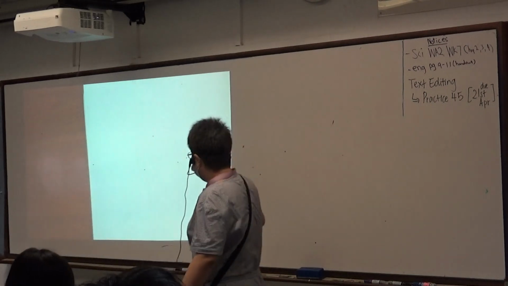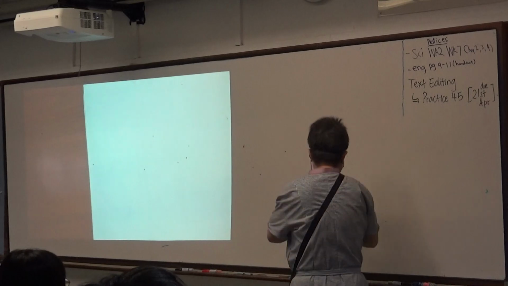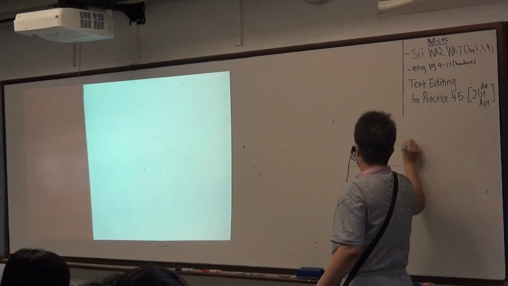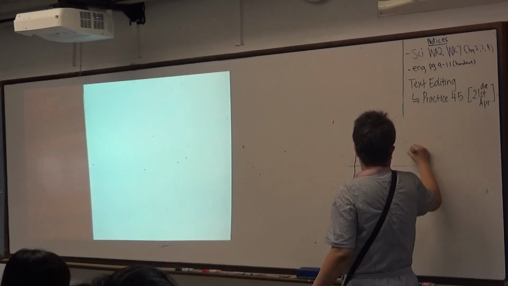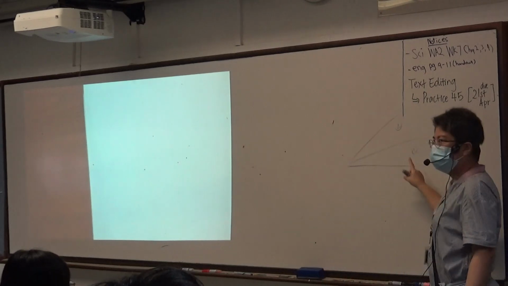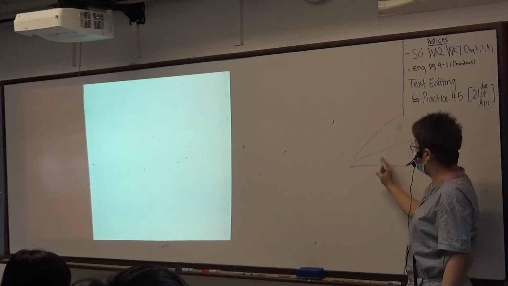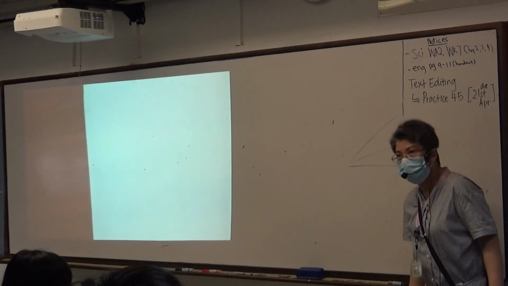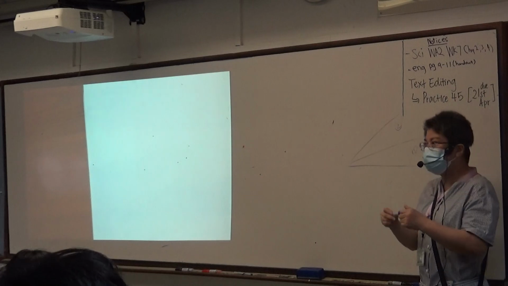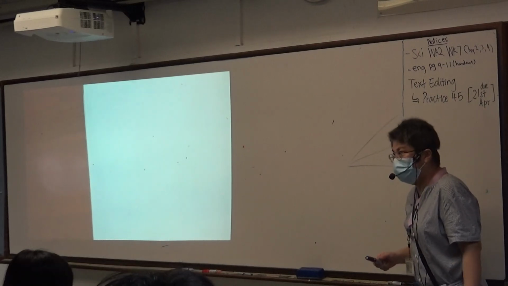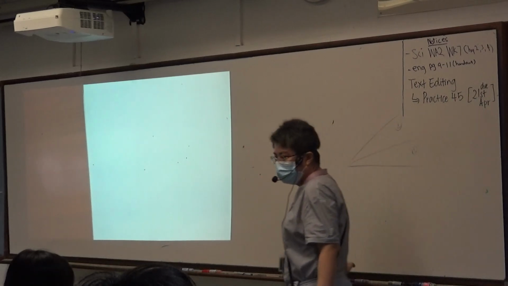If the line gets steeper, like that, and like that, line 1 and line 2, line 1 will have a smaller gradient than line 2 because you can see the angle is bigger. You understand what I'm talking about? So this is the meaning of gradient. Everybody clear? Alright, good.